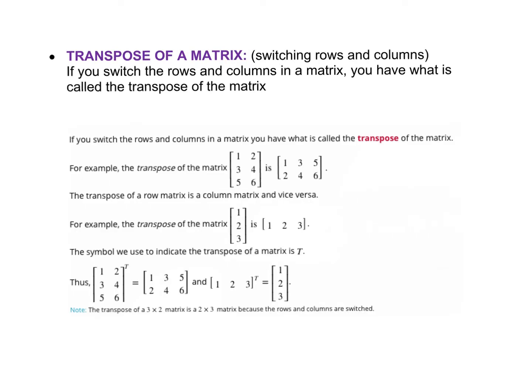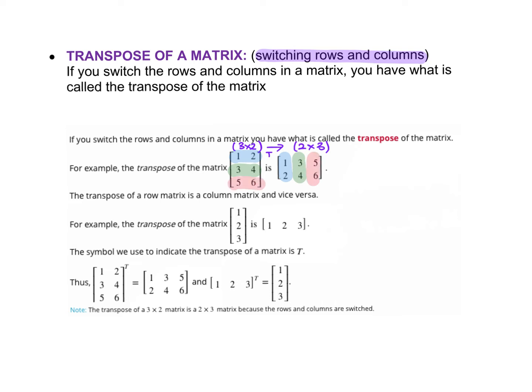The transpose of a matrix, they can ask you to do this and it's really easy. You are just switching the rows and the columns. So you can see here, I had this matrix up here. This matrix was a 3 by 2. If you transpose it, it's going to be the opposite, a 2 by 3. So you can see that this row became a column, and that row became a column, and the last one too.